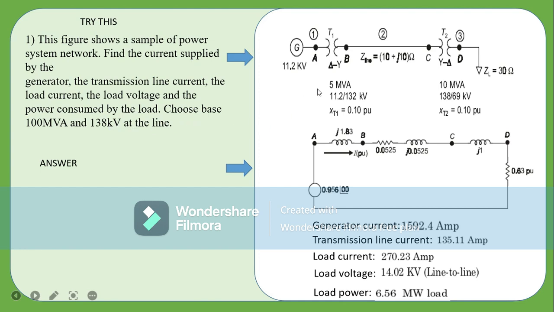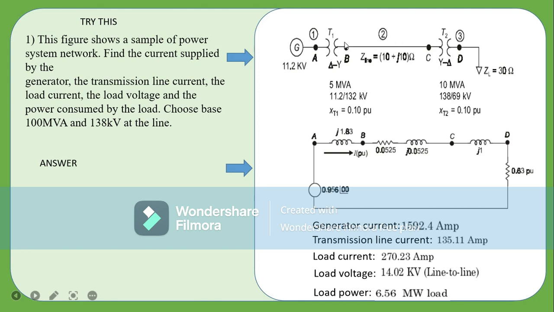It's important for you to note, when you look at this problem, where do you have the 138 kilovolts? Yes, where do you have it? This is 11.2 slash 132. So you can see this is where you have the 138. That was what was taken. Mind you, 138 is a large voltage, so you don't assume that 138 will go in here. When you are working here, you bring this 138 because this is where it is.